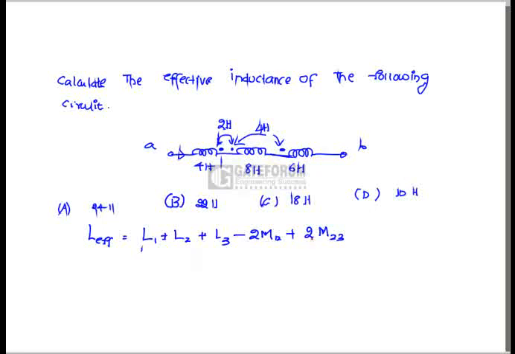That's why plus 2M23 and minus 2M12. If we substitute the values, 4 plus 8 plus 6 minus 2 into 2 plus 2 into 4, we will get 22 henries, which is option B.